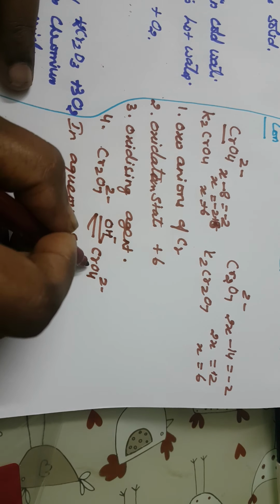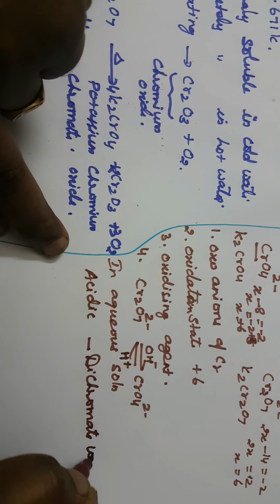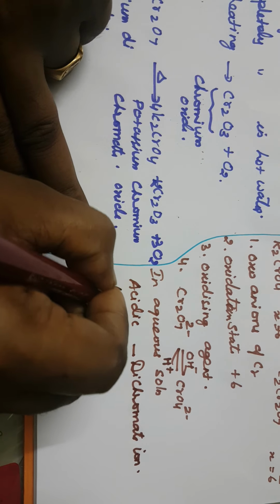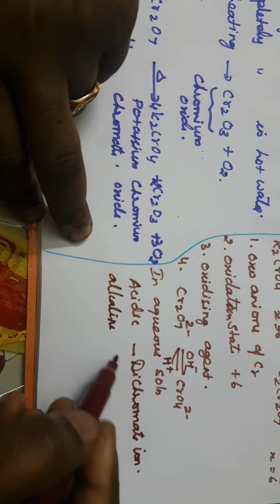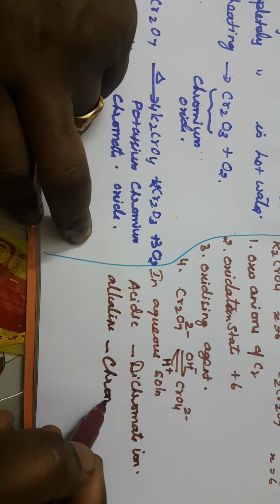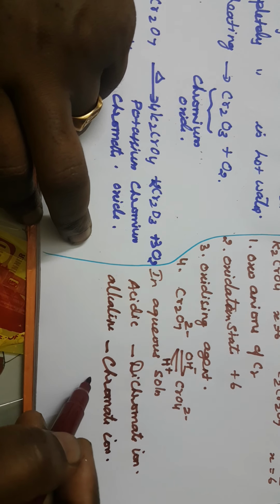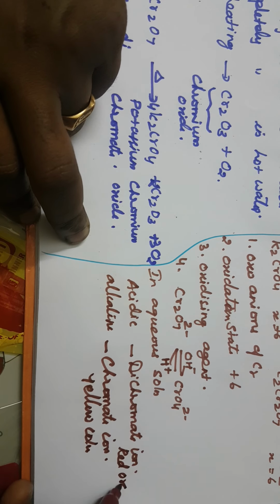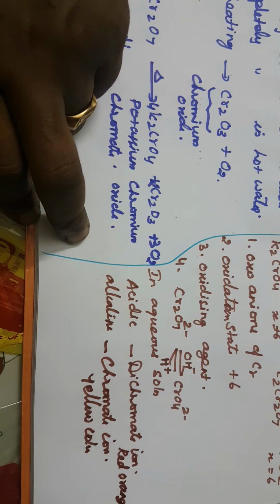So at acidic pH, it is present in the form of dichromate ion, and at alkaline pH, it is the chromate ion. The chromate ion is yellow in color, and the dichromate is red-orange in color.